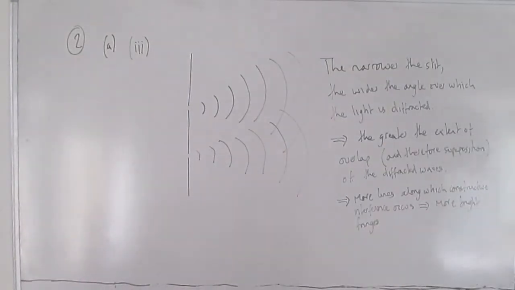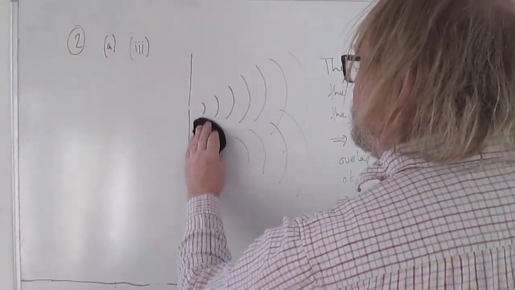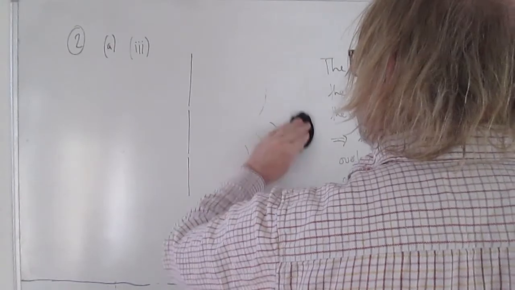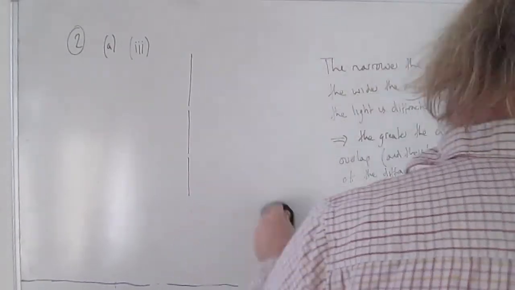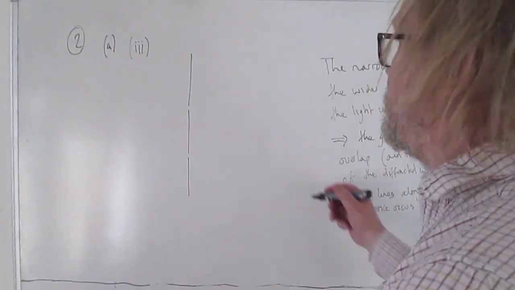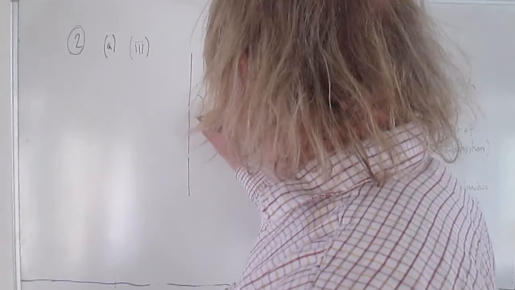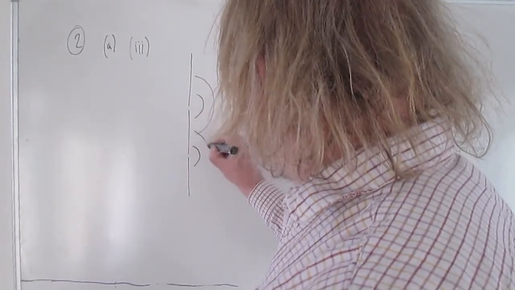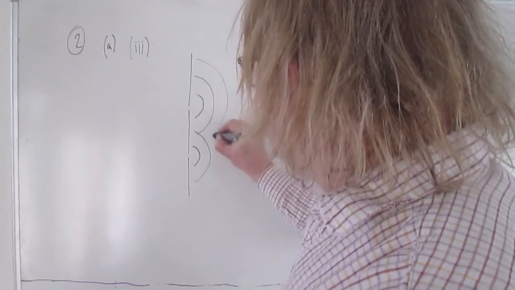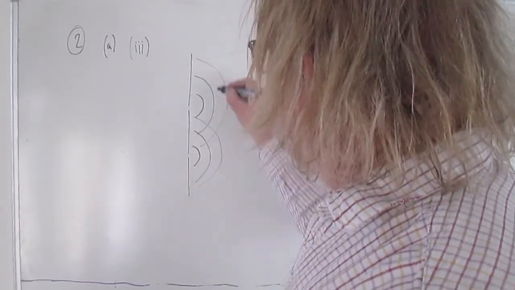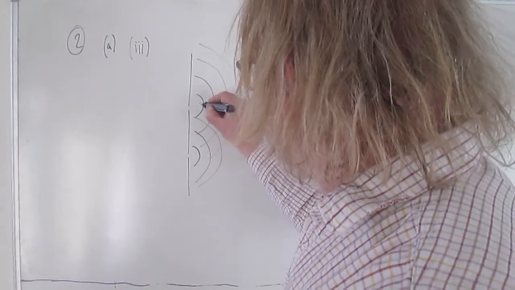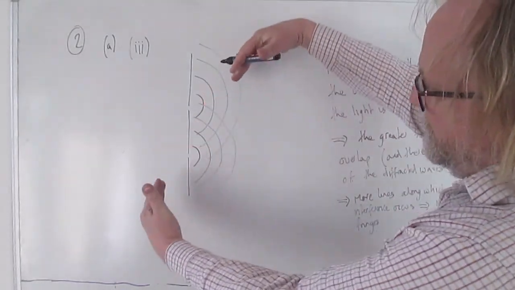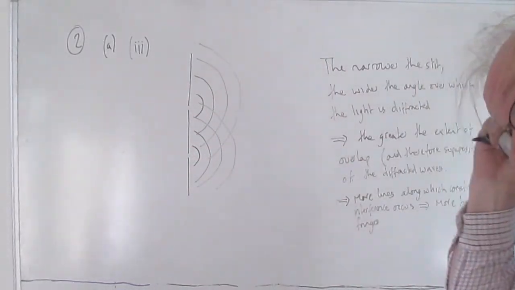Whereas if you have narrow slits, you get the intensity of the wave spread over a bigger angle, so you might get this. And now you can see that there's much more overlap occurring, just because of the bigger angular spread of the diffracted waves.